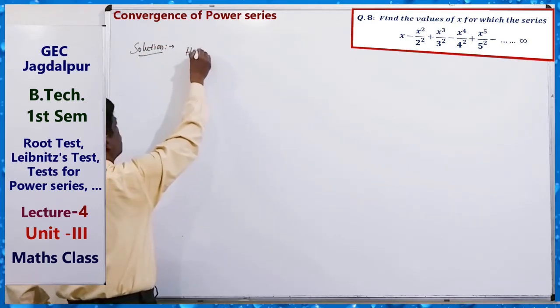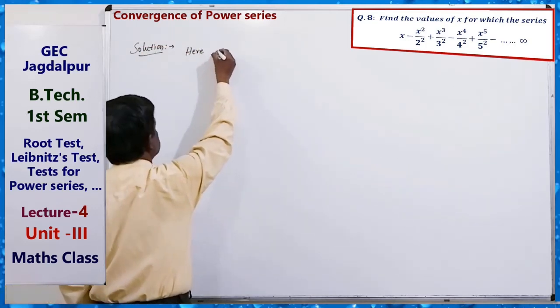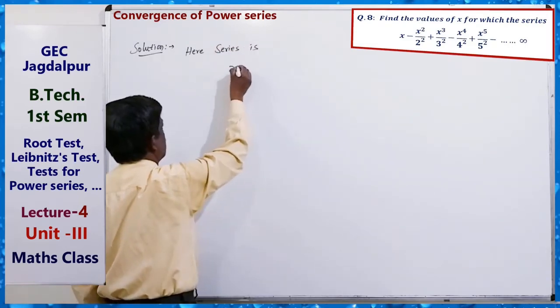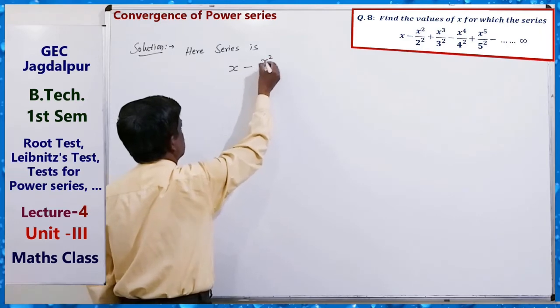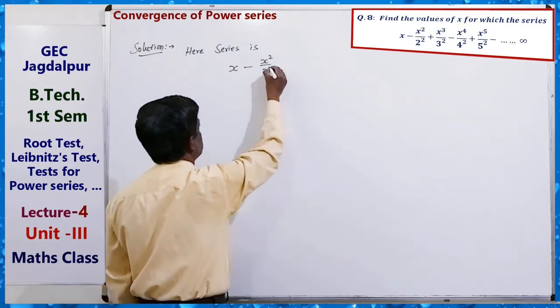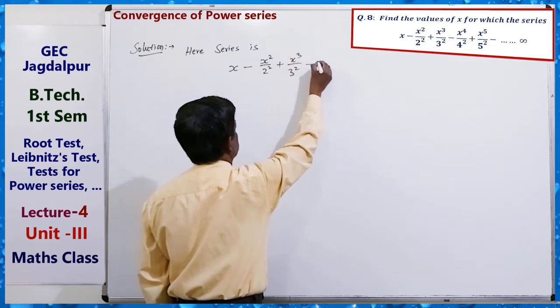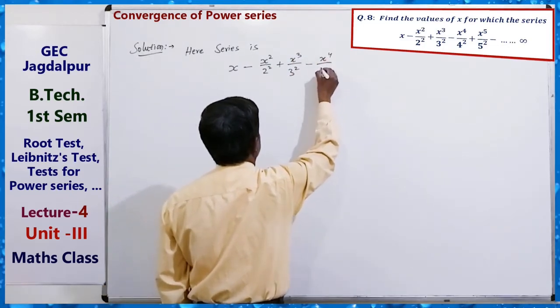Here the series is x minus x square by 2 square plus x cube by 3 square minus x to the power 4 by 4 square.